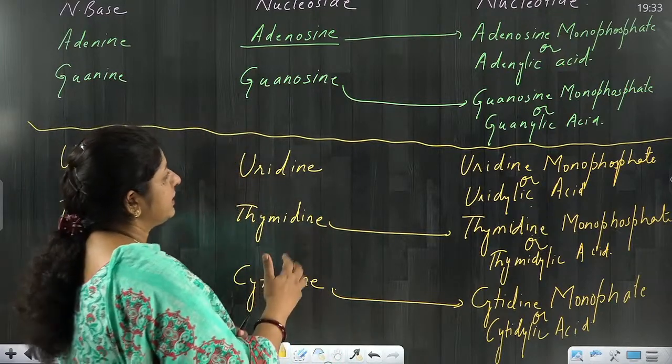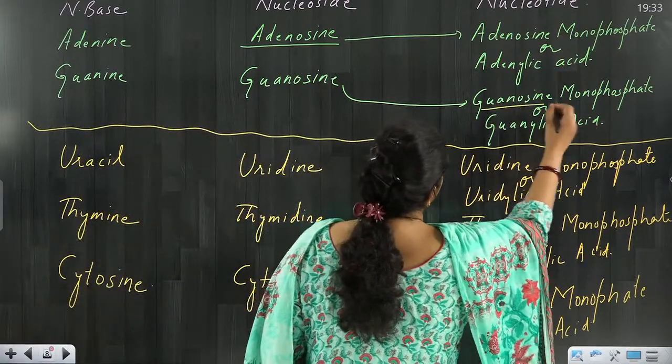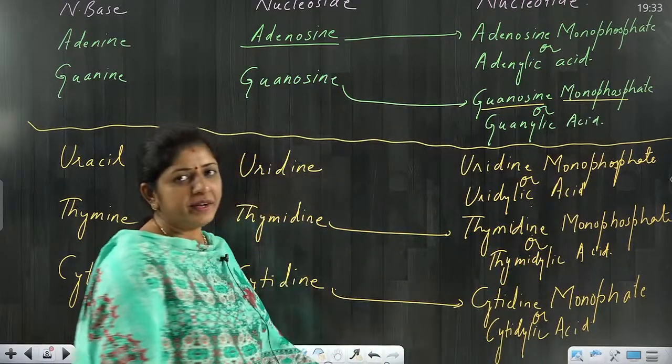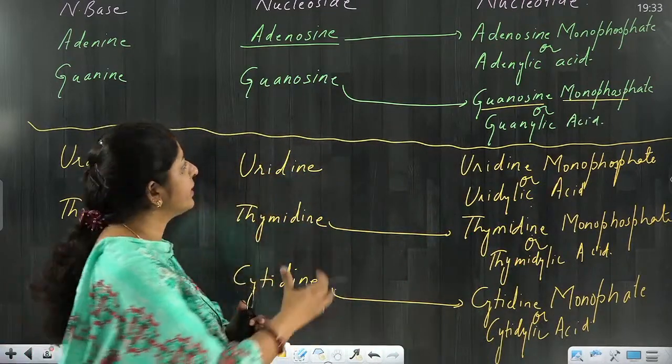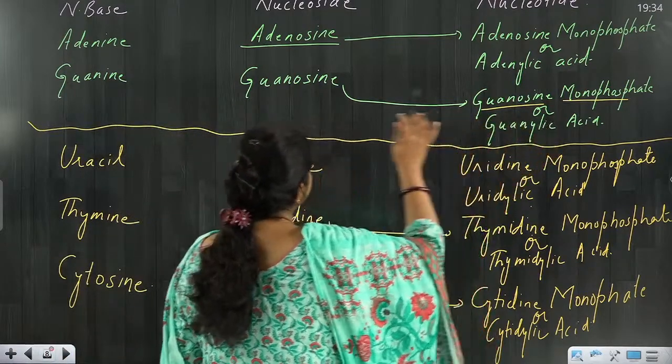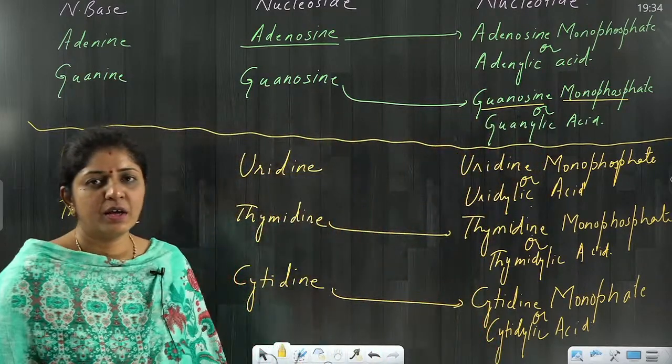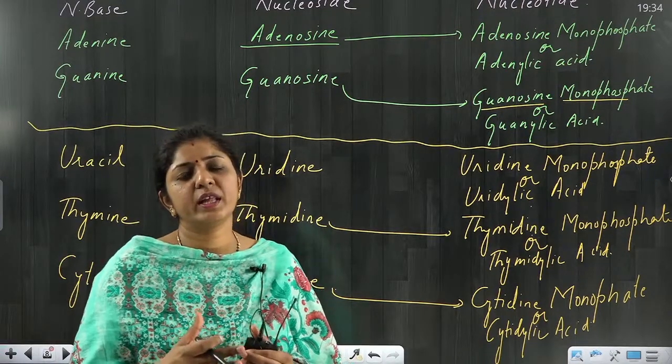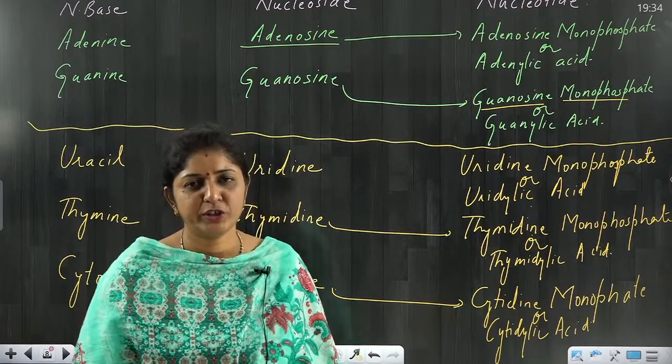If I am discussing guanosine monophosphate, what is its difference from guanosine? It has a phosphate and the other does not. If you know the terms, only then can you handle such questions.